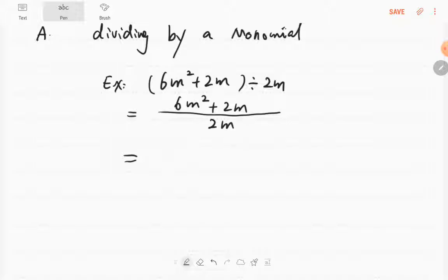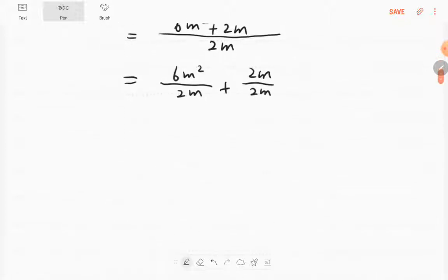Let's see. So that will be first term divided by the monomial plus the second term also divided by the monomial. So after that, we will have 3m plus 1. Okay? So we can have 3m plus 1.